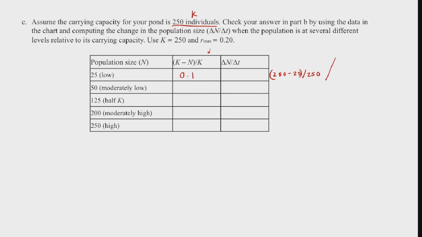So we know that that is R max and K. Just reminding you of the equation, delta N is equal to R max N times K minus N over K. So this is R max, which we got as 0.2, times N, which is 25, times this, which you got as 0.1, and that is 0.5.